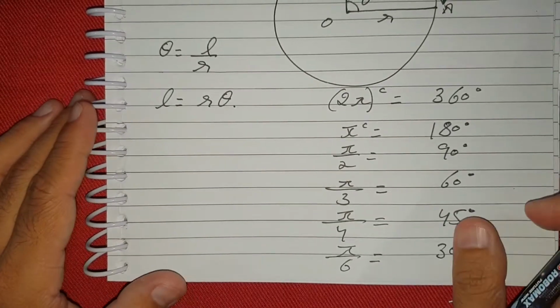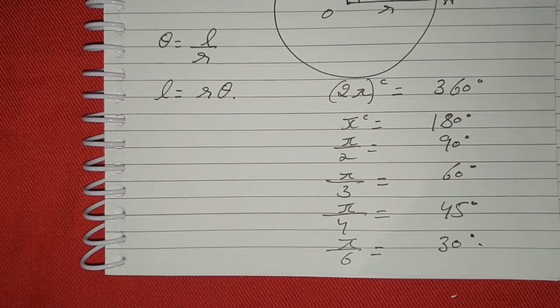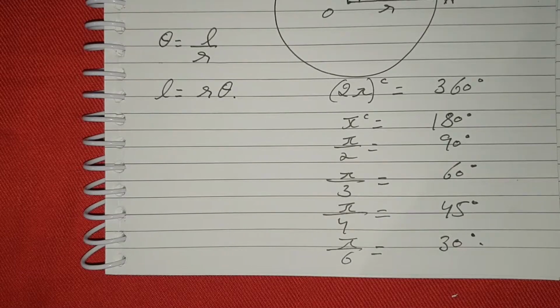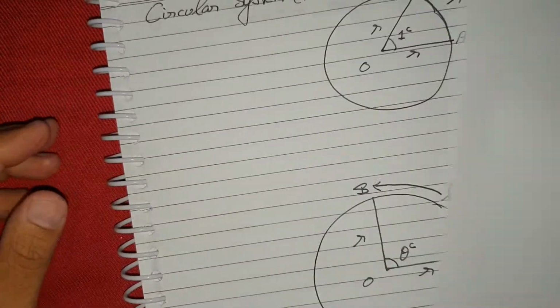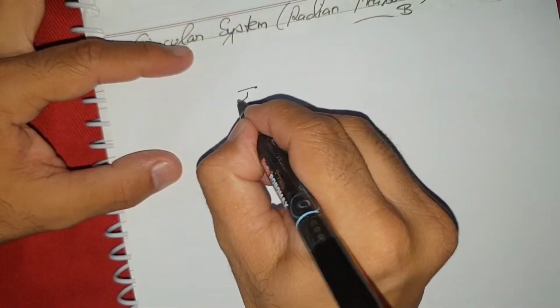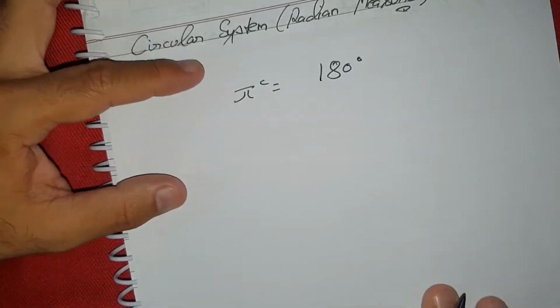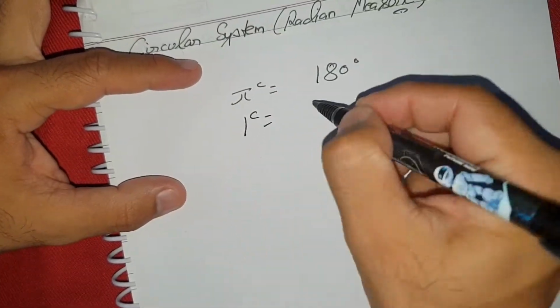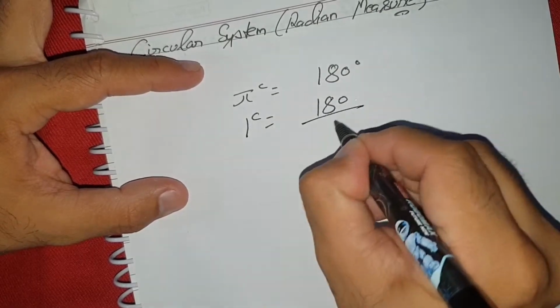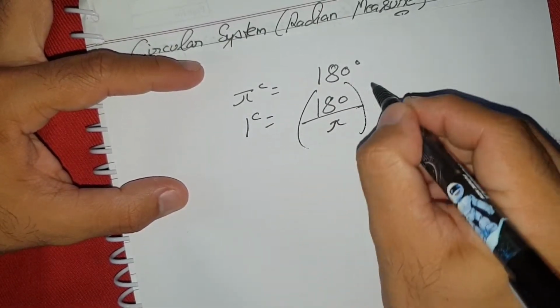Now we can write, for the conversion, we know that pi radian is equal to 180 degrees. So 1 radian will be 180 by pi degree.